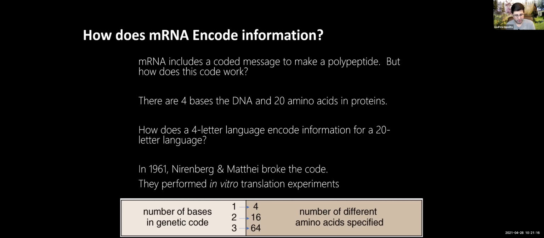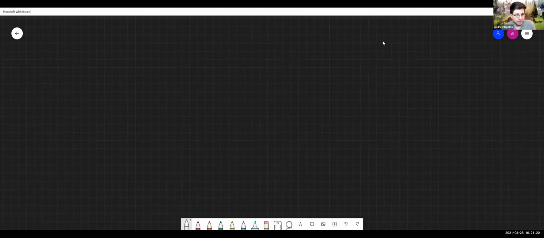Okay, so here's how it works. The genetic code, okay, so let me step back for a second and say this. What I'm about to teach you isn't the only grammar of the language of nucleic acids. There are two kinds of sequences in DNA. The one we're going to talk about here is called a coding sequence, or codon.